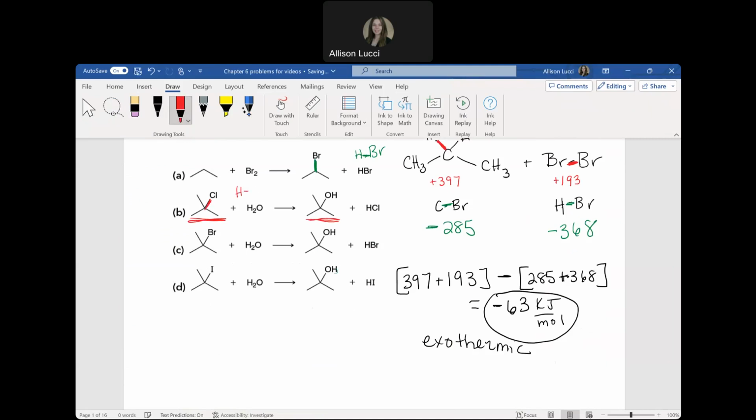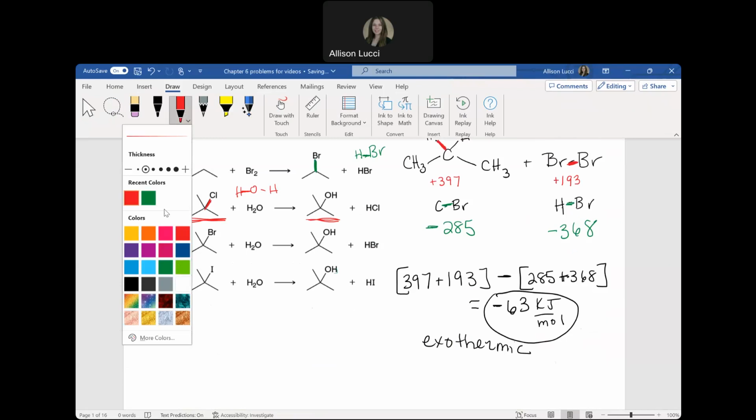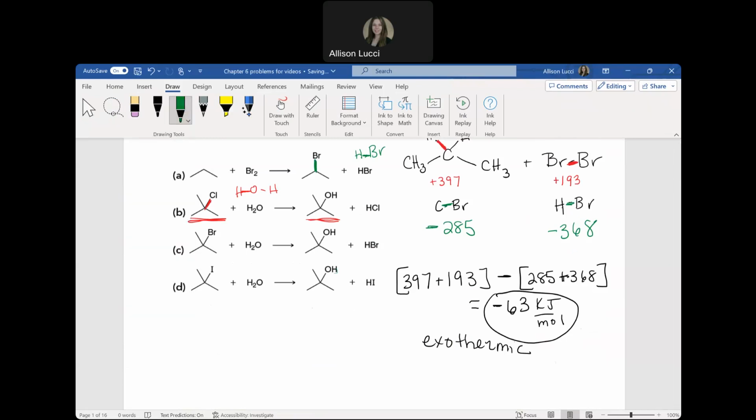And then we have HOH here. So one of these OH bonds will be broken as well. And for our bonds that form, we're going to have this CO bond form over here. And then we have HCl, so an HCl bond will form.